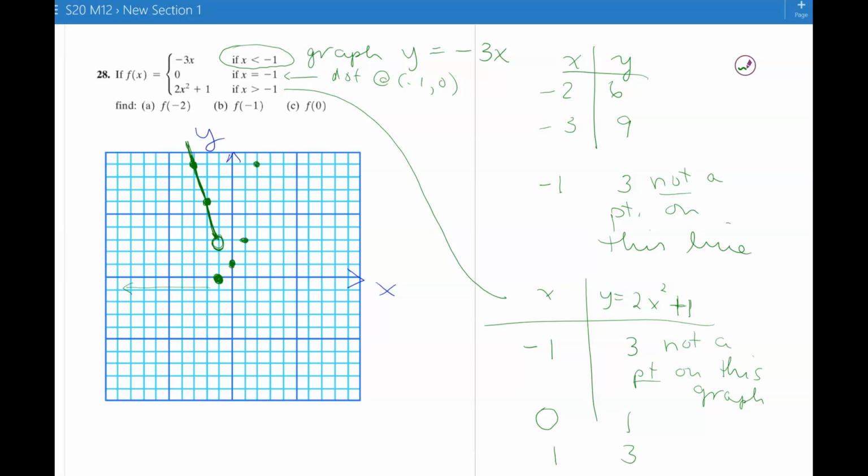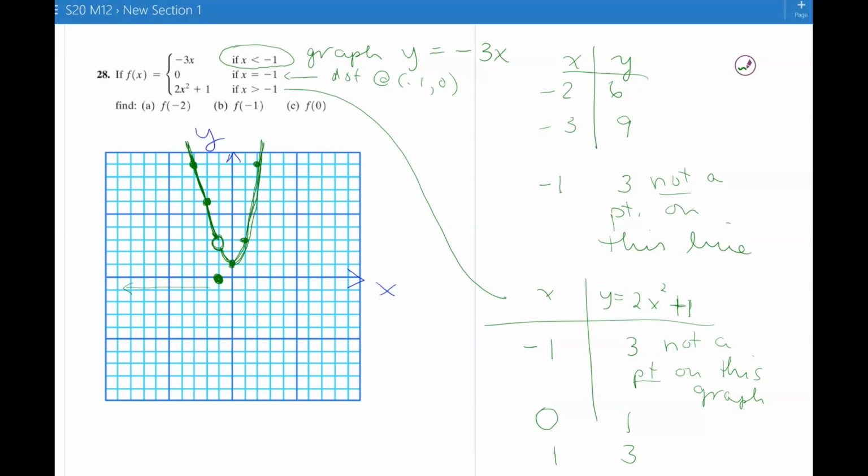So this is a piece of a parabola. And it needs to start at -1, 3, and then go down to hit that green dot, and then back up. So this is a parabola with a hole punched out of it. And then instead of that hole being on the graph, the point -1, 0 is the point on the graph.